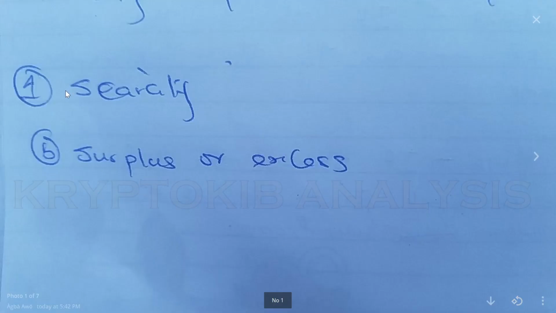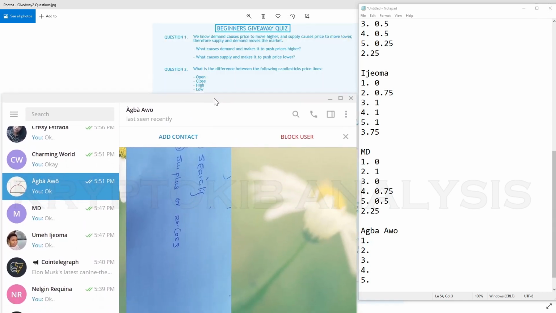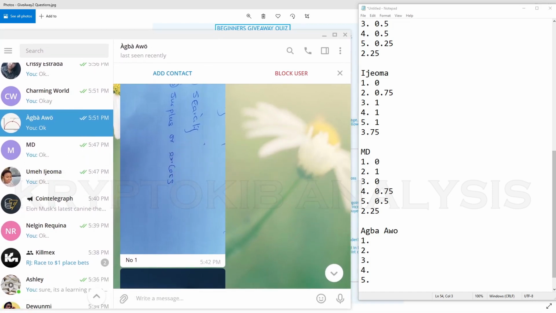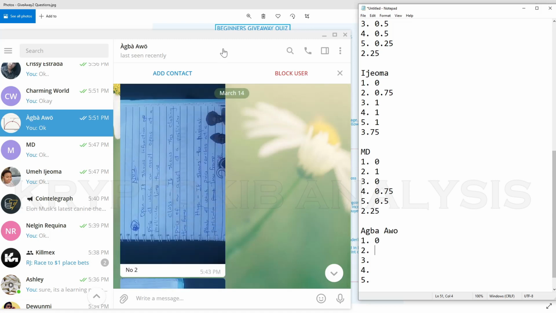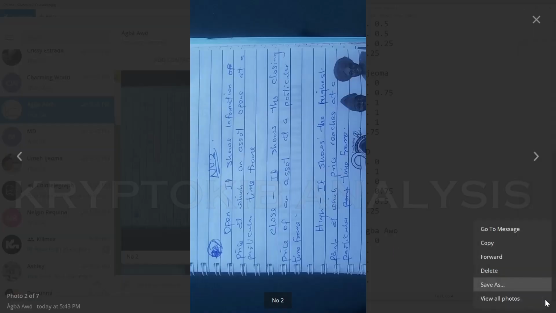Okay. So it says this is scarcity, right? Then surplus or excess. What is that question one again? Yes. It's not right based on our recent explanation. Then question two. What is that question two again? Okay. Differences between open and close.